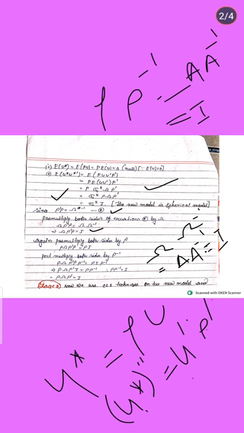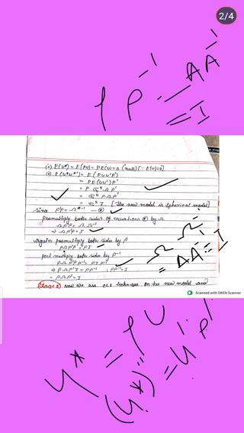Again pre-multiply by P: P into omega into P dash P is equal to P into I. Now post-multiply both sides by P inverse: P into omega into P dash into P into P inverse is equal to P into P inverse.